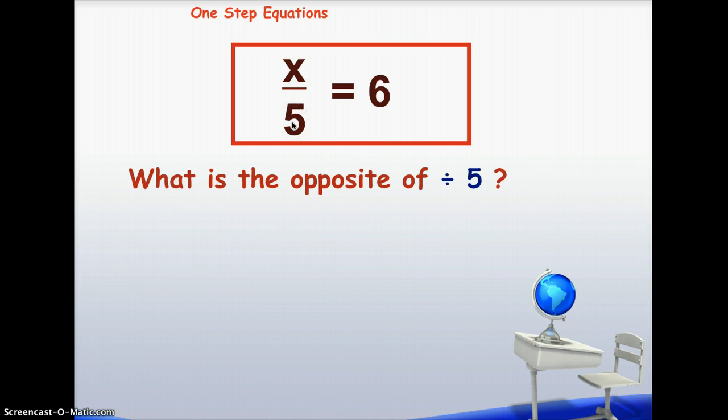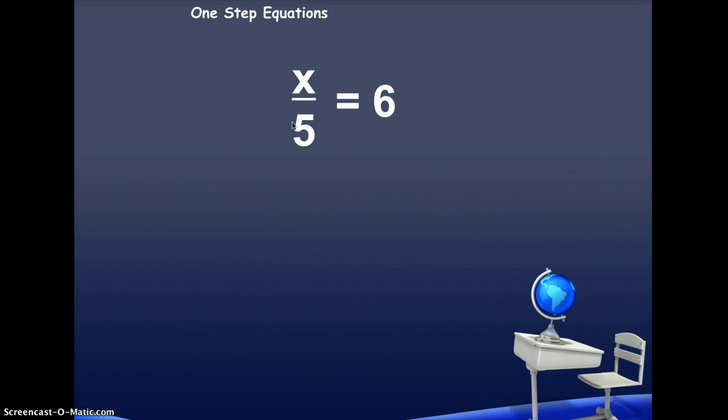So what is the opposite of divided by 5? Is it plus 5? Is it minus 5? Is it times 5? Or is it divided by 5? Okay, you are correct. It's times 5. So that means we are multiplying both sides by 5. So times 5 here and times 5 at the other side.